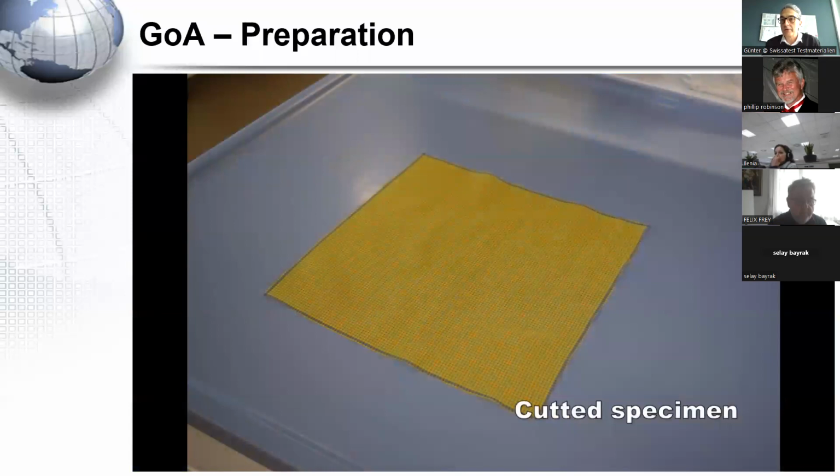And so the fabric looks like this when it's cut out. It is important to remember what is warp direction and what is weft direction, because when you turn it by 90 degrees, you will never know again what is warp and what is weft.